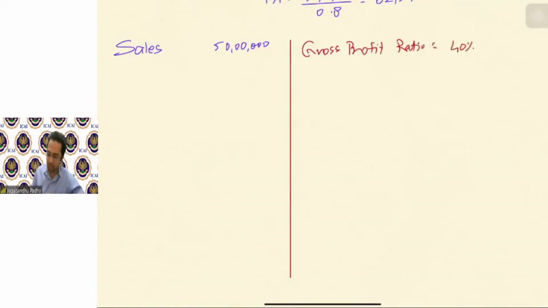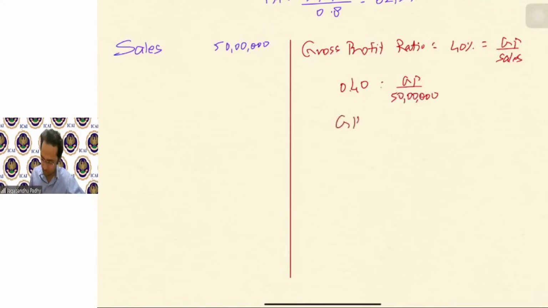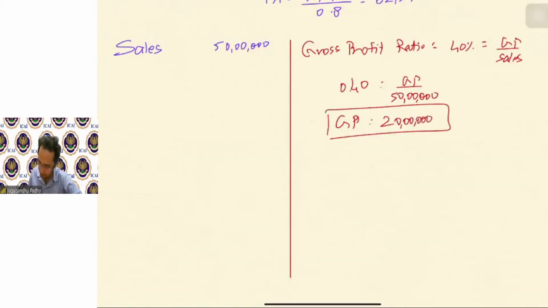Now this 40% will definitely be gross profit upon sales, which is 0.4 equal to gross profit upon 50 lakhs. So gross profit will be 50 lakh into 0.4, which is 20 lakhs.